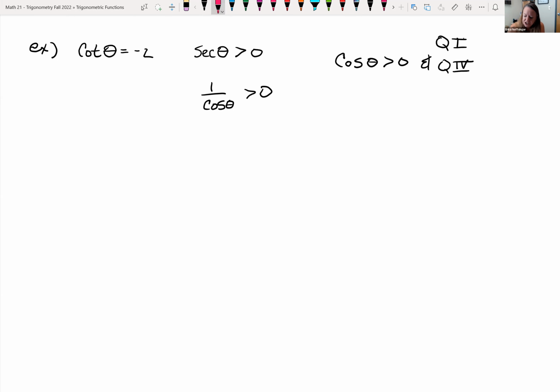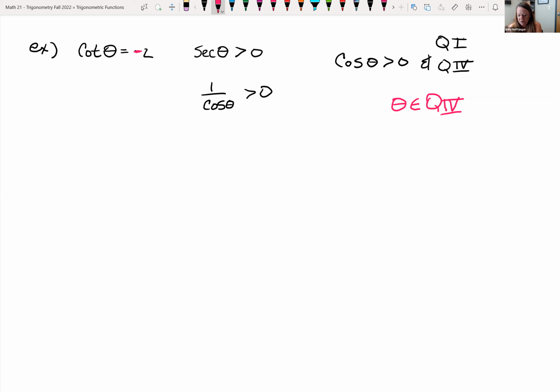But my cotangent is negative. So I know then that it can't be quadrant 1 because all my trigonometric functions are positive there. So I can tell that my theta value is falling in quadrant 4. So theta is contained in quadrant 4.